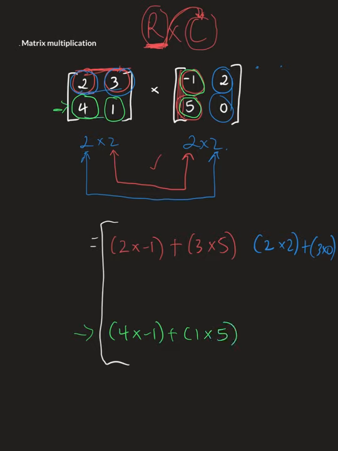Right, and I've finished that row with that column, so I know that I've finished that element. Now I move on. So now I've got 4 times 2, and then I've got to add 1 times 0. And I've now finished every row with every column.